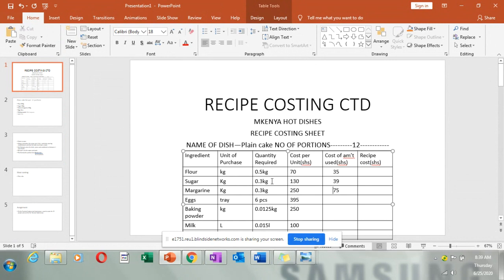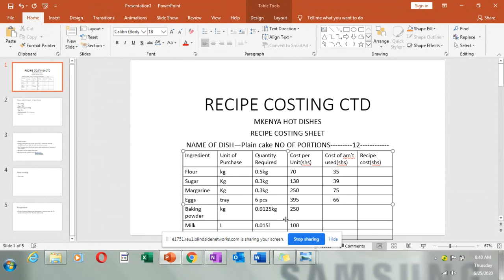Look at the unit of purchase. If the unit of purchase is different from the quantity required, we need to do something about it, isn't it? Yes, 65.8. So I think we can do 66. Okay, 66 shillings.